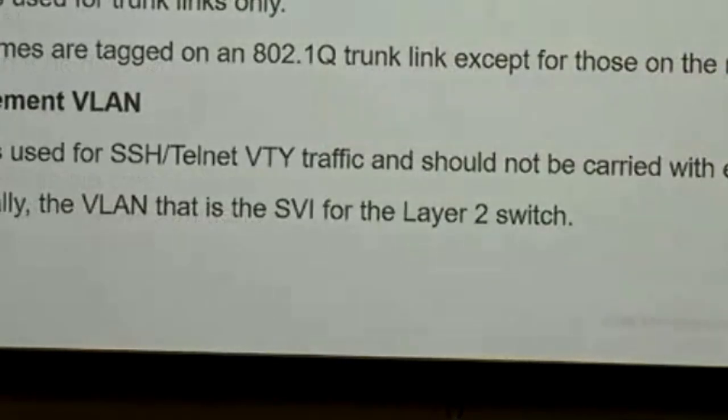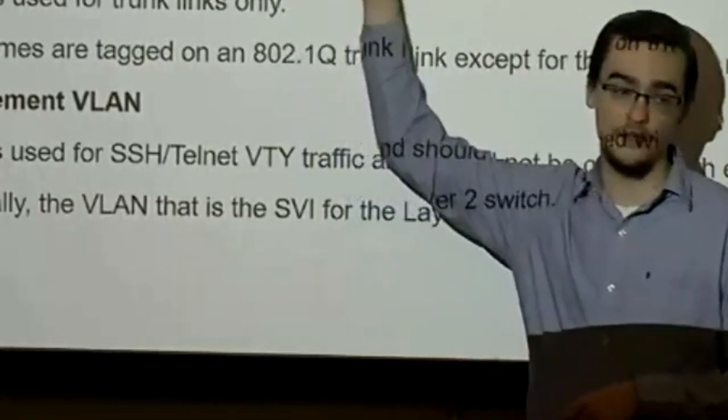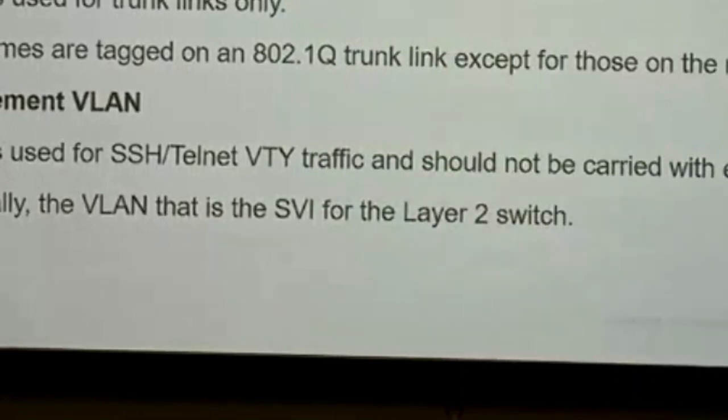All right. So the data VLAN, that is what you can call a regular VLAN. That's where the host devices, the endpoints, will reside. That's where they will live. User-generated traffic. So you could also call this the edge. The edge is where the users are.